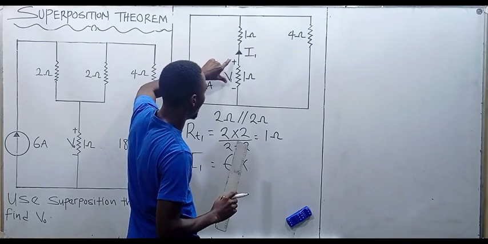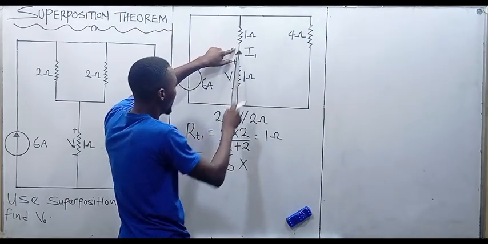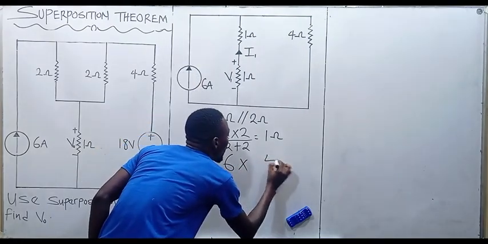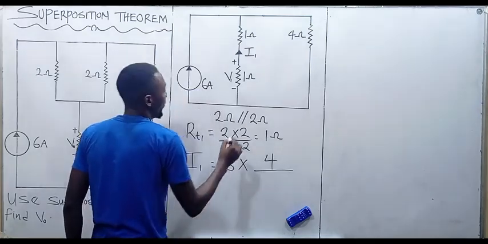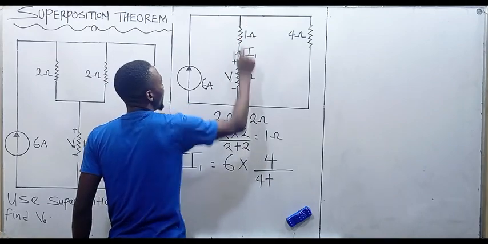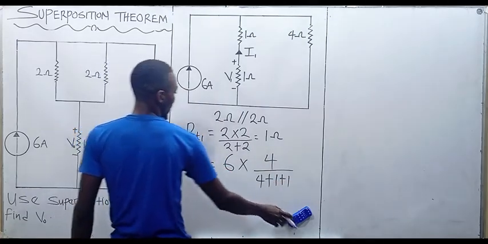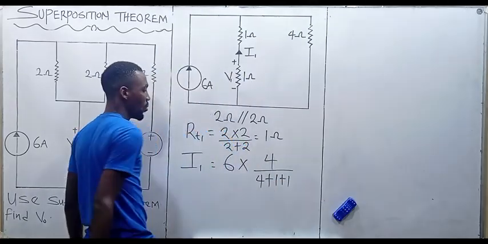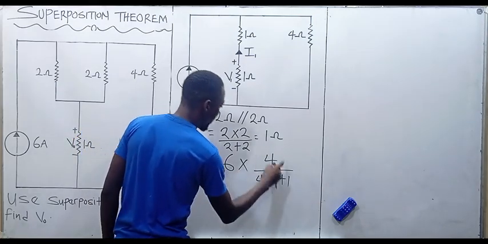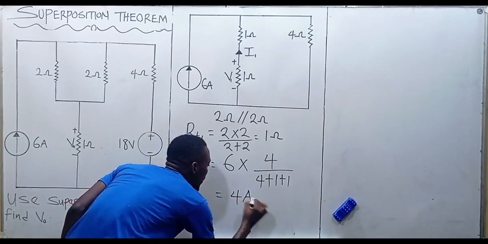And this is our current here. It is at this branch. So the branch that is opposite to this branch is this 4. So it's going to be 4 all over 4 plus, now don't forget that these 2 resistors are in series. So it's going to be 1 plus 1. All right. So 1 plus 1 is 2, plus 4 is 6. So we cancel out 6, then we'll be left with 4. So the answer to this is going to be 4 ampere.